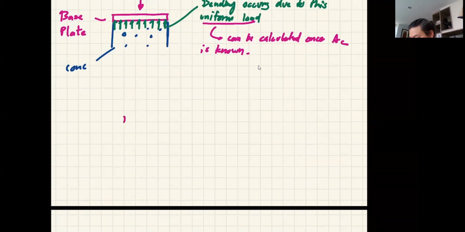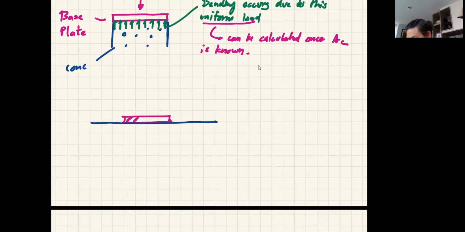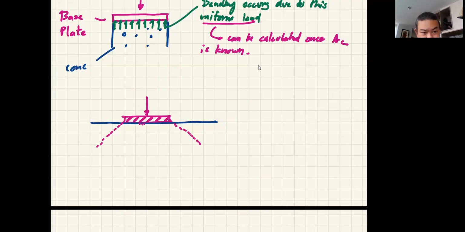When you have the plate, let's say I draw the area of the concrete very large this time. The stress, when the load is transferred from the steel base plate into the concrete, is not going to fail right here. The stress will go down, and it's going to fail somewhere down there.